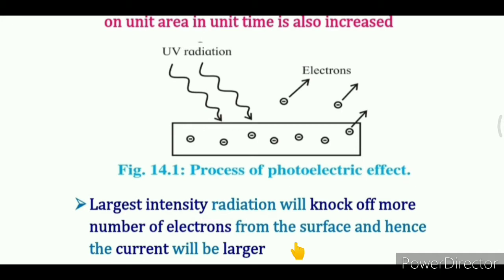As we increase the intensity of incident radiation, the photoelectric current also increases. By using Einstein's postulate, it is very clear now. Increasing the intensity means increasing the number of photons, which increases the number of electrons ejected from the metal surface, and hence the current also increases.